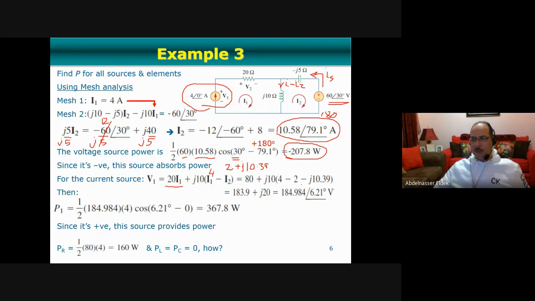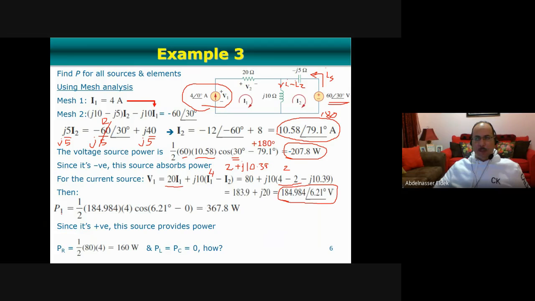Of course, 4 minus 2 will be 2. And then you can convert this back to amplitude and phase. Then this will be the voltage across the current source.